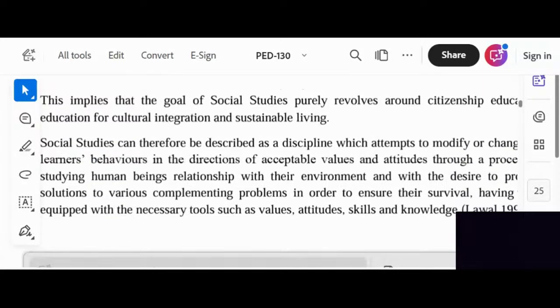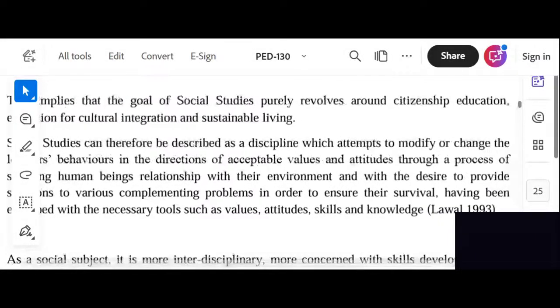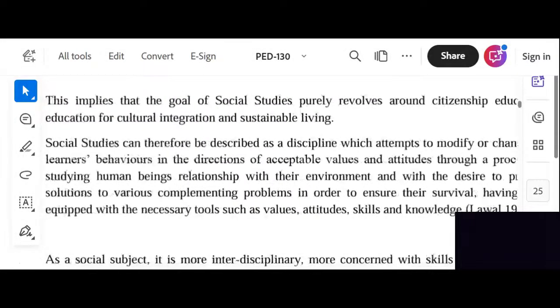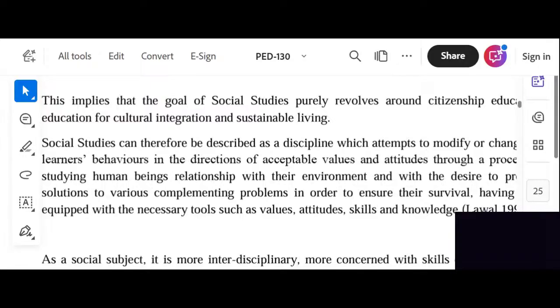Social studies can therefore be described as a discipline aimed to modify or change the learner's behaviors. This is where you see now that it is no longer just giving the learners knowledge for them to know social studies is the study of blah, blah, blah. No, it's a behavioral integrator.